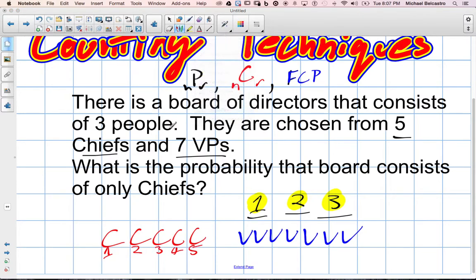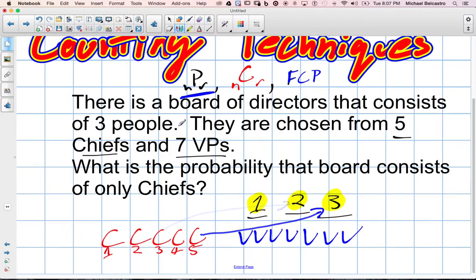We would use a permutation if they asked what's the probability that it's chief 1, 3, and 5, where chief 1 is the first director, chief 3 the second, and chief 5 the third. Order becomes important in these situations, so that's where we use a permutation.